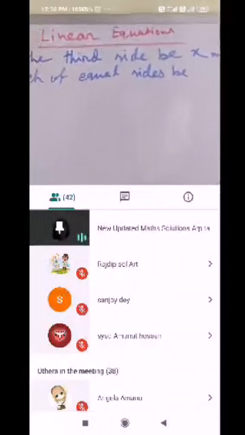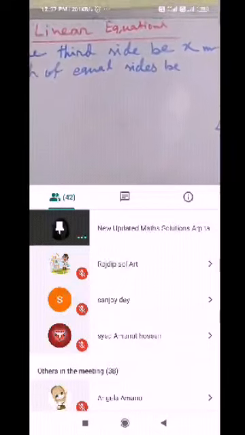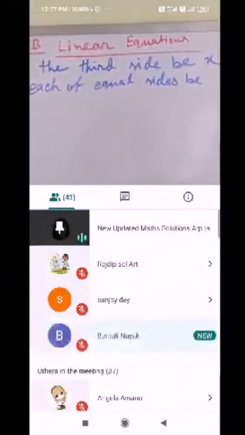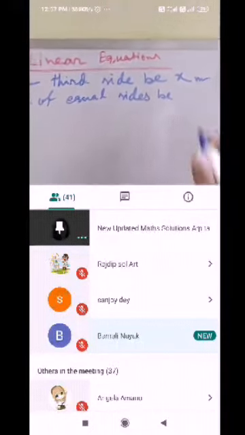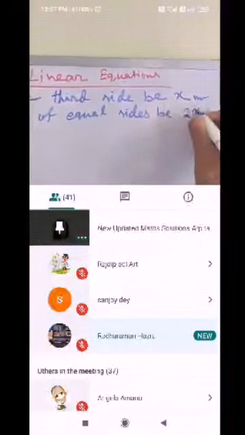But what will be the relation? What will be the measurement of it? 5 meters less than twice the third side. That means 2x minus 5.